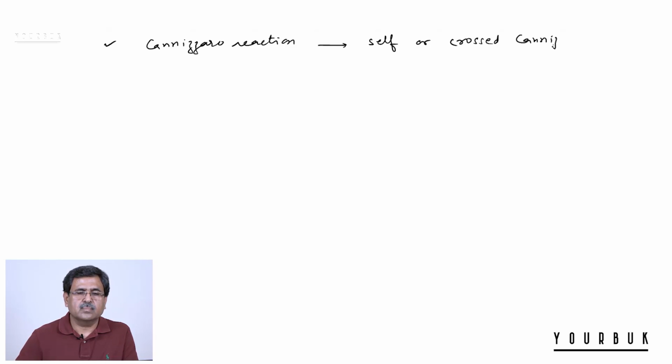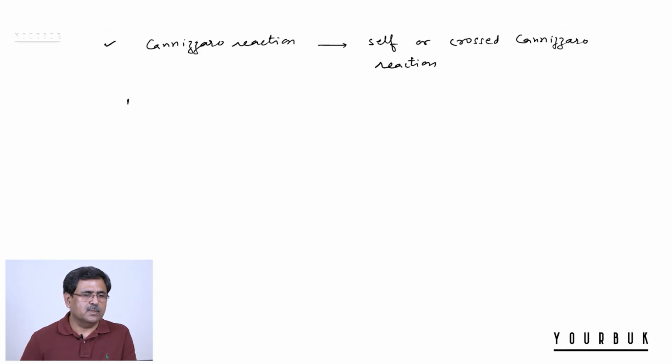Next point, Cannizzaro reaction can be a self Cannizzaro or cross Cannizzaro. No aldehyde should have an alpha H present. If alpha H is present, then the aldehyde will undergo aldol condensation and not Cannizzaro reaction.